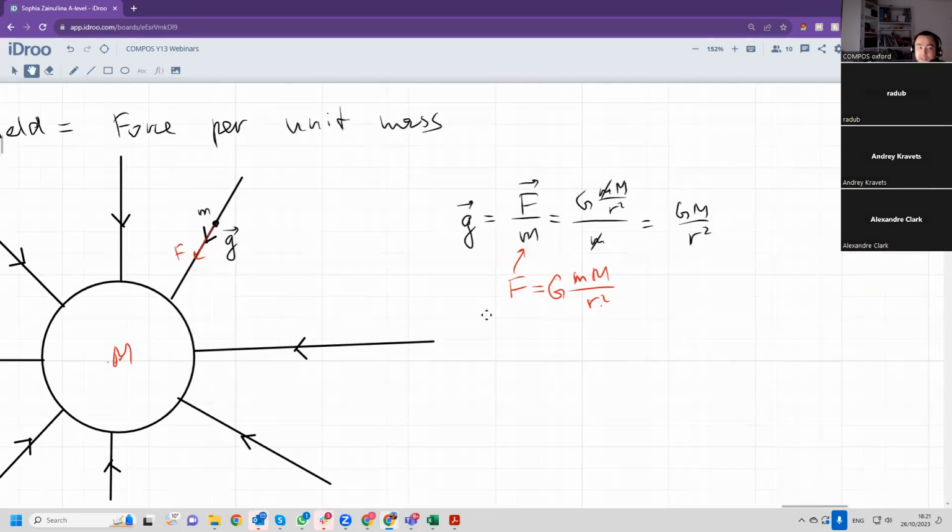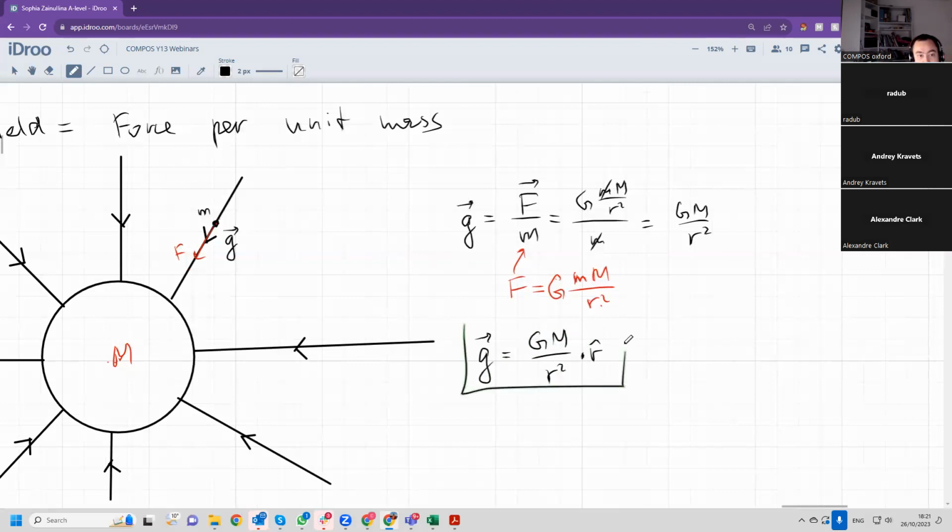That's the gravitational field around a point mass or a spherical mass. So the gravitational field strength is GM over r squared, multiplied by r hat, the unit vector in the direction of the object.